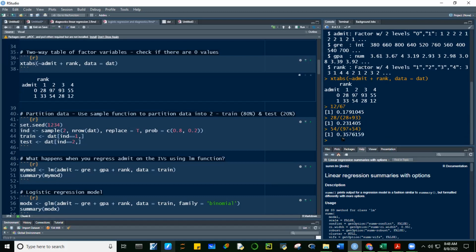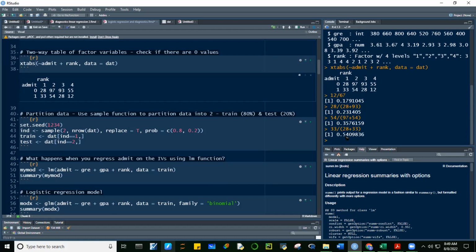So at rank 2, it's higher compared to rank 4 and rank 3, which is 36. But rank 1 really outranks them all, no? 33 over 28 plus 33. Okay? So 54%. At rank 1, the probability that you will be accepted is 54%. At rank 4, just 18%.